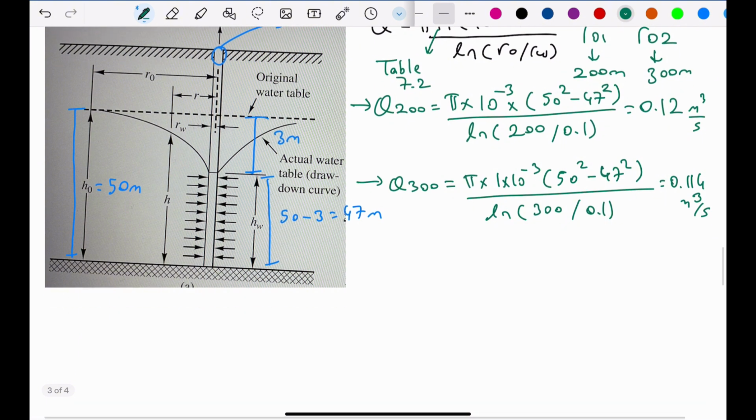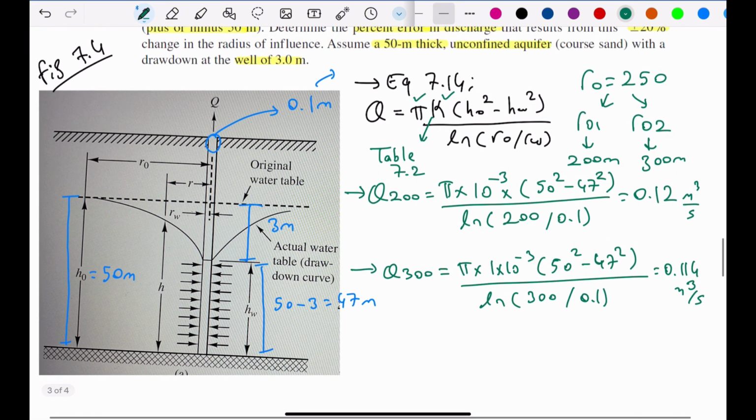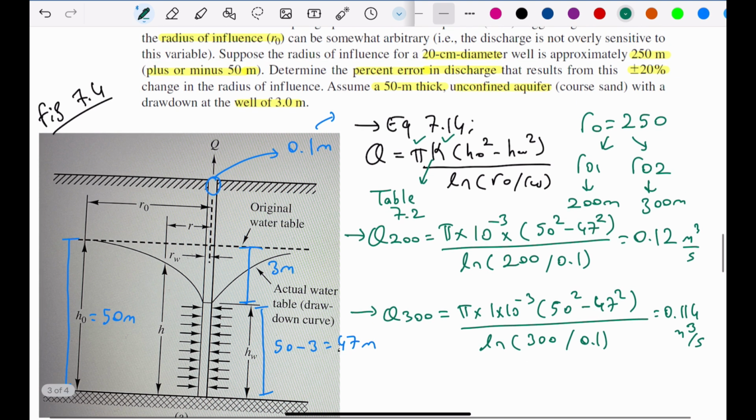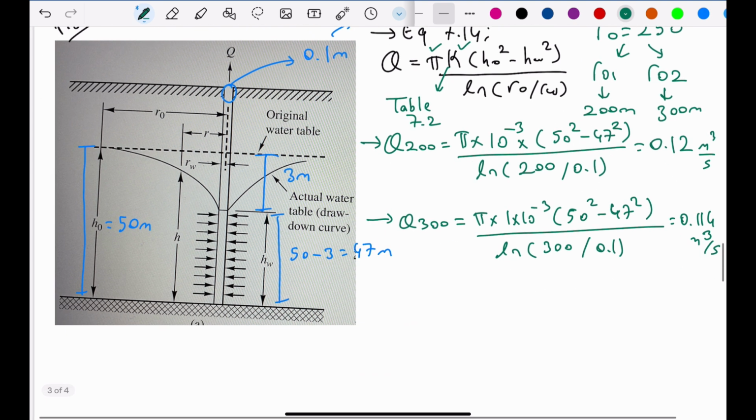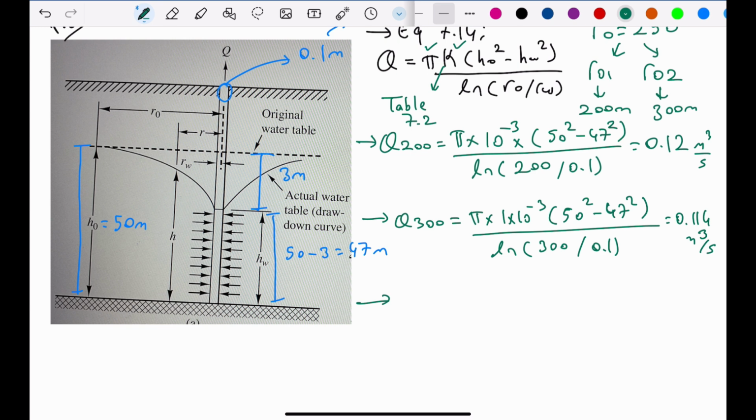So we need to find the change in discharge, and we need to find the percentage error in discharge. So the discharge at the 250 meter radius of influence, we will get 0.12 plus 0.114.